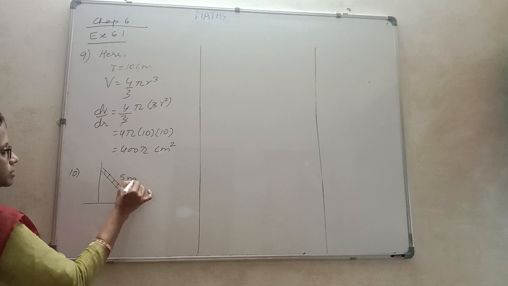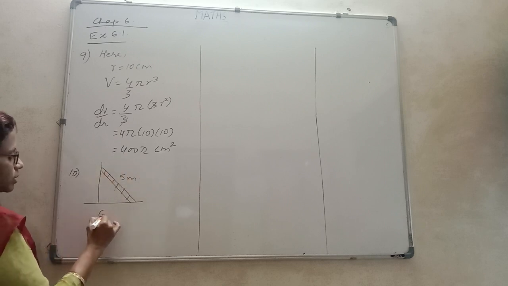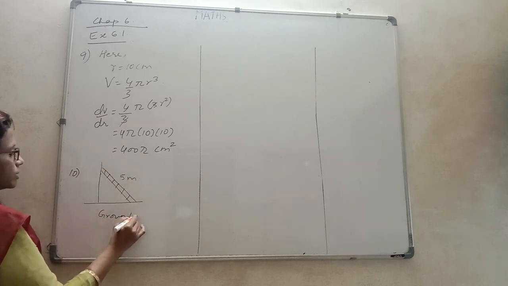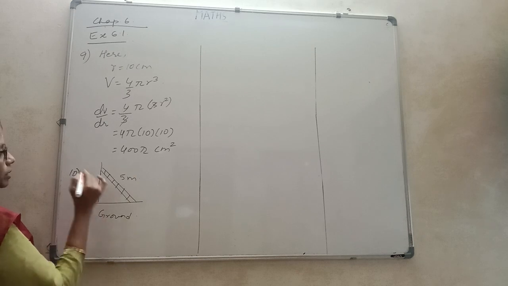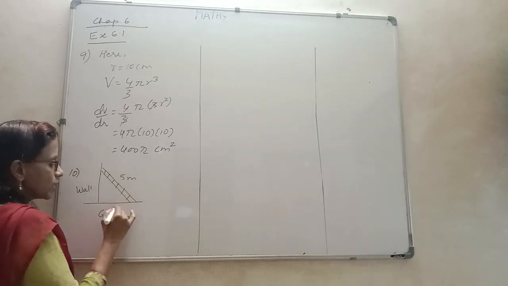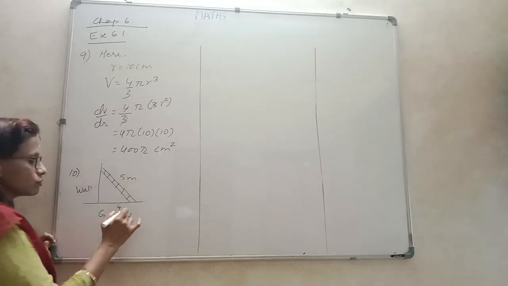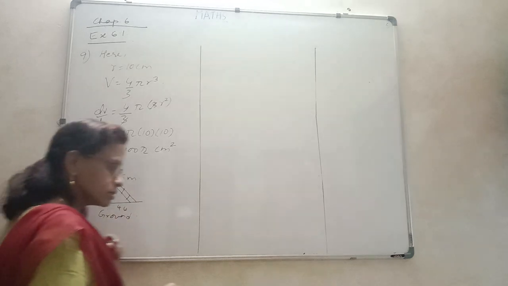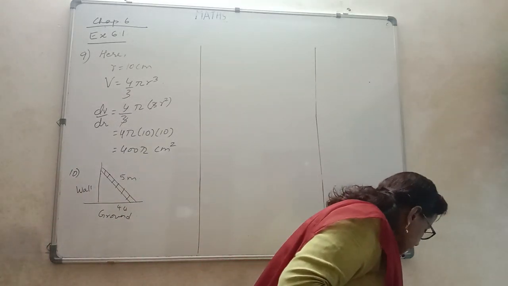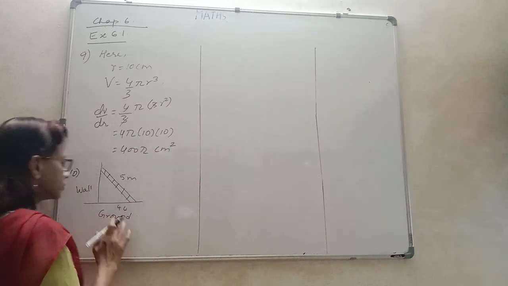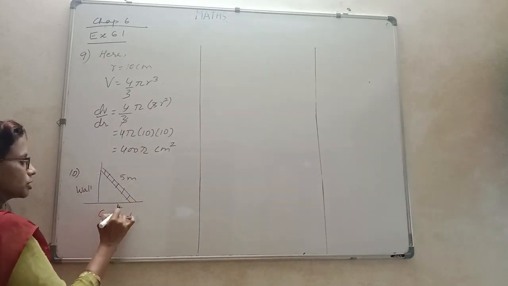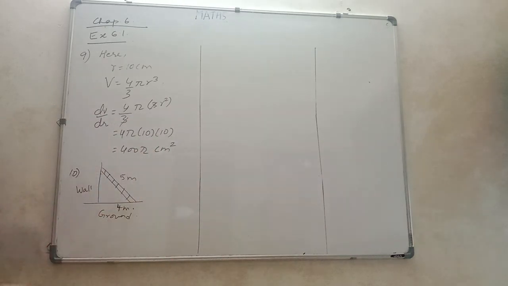The ladder's length is 5 meters. This could be called the ground, and this could be the wall. They ask us to find a certain thing when it is at a distance of 4 centimeters, or meters. Yes, 4 meters. It doesn't matter much as long as the units are the same.